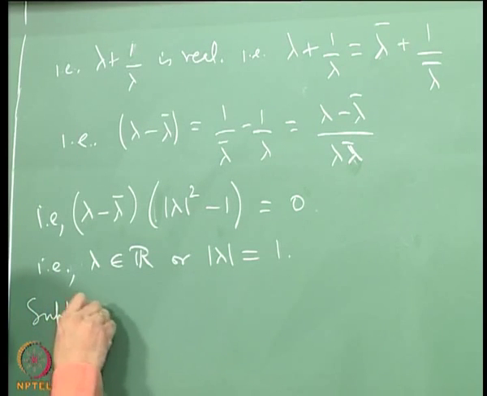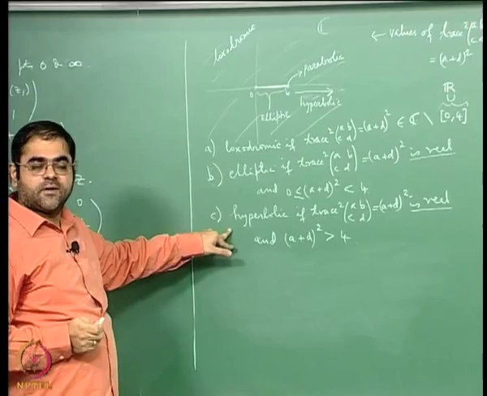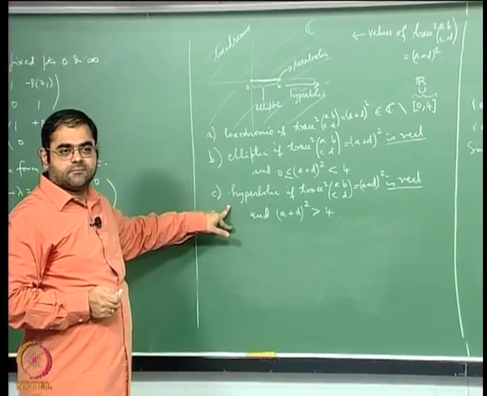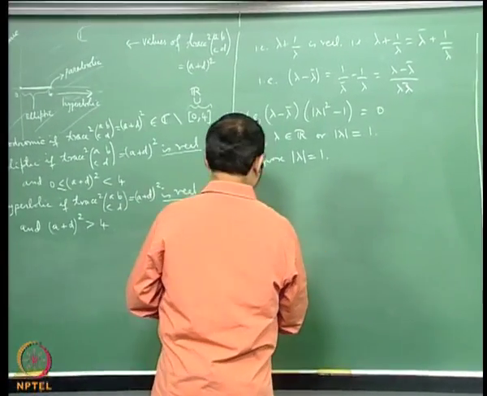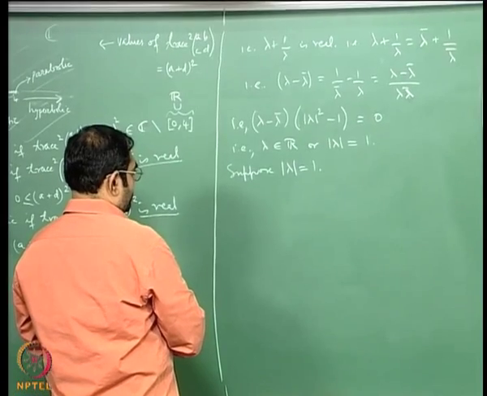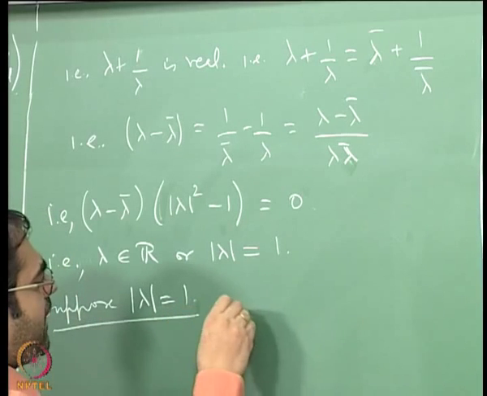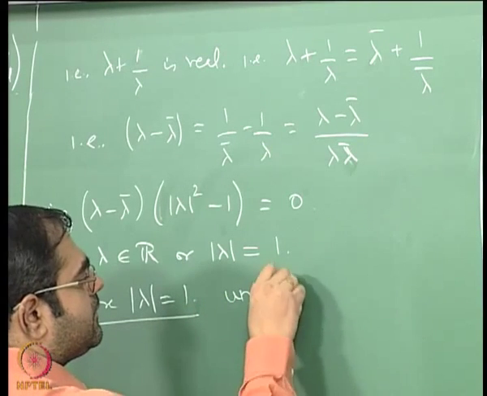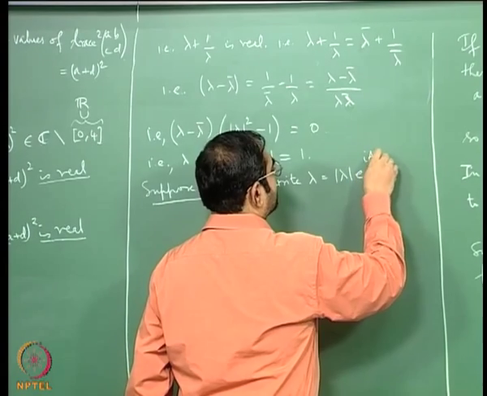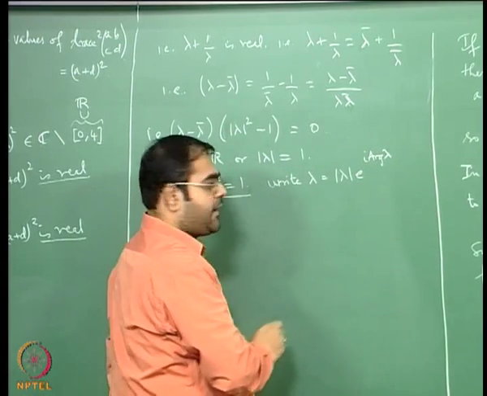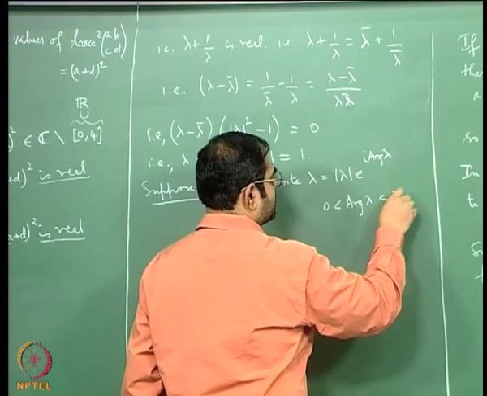Suppose mod lambda is 1. We will show that mod lambda is 1 is the case when it is elliptic. Why is that true? Well, you write lambda as mod lambda e power i argument of lambda, and 0 is less than argument of lambda is less than 2 pi.